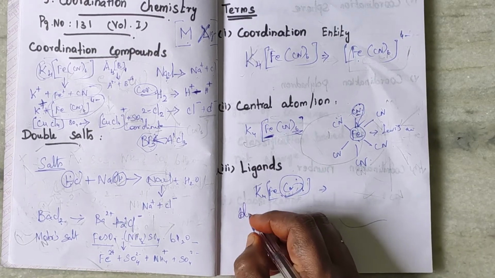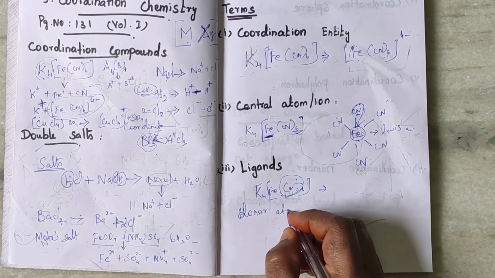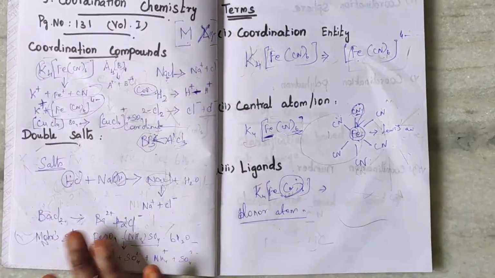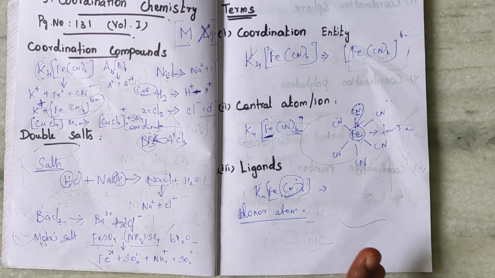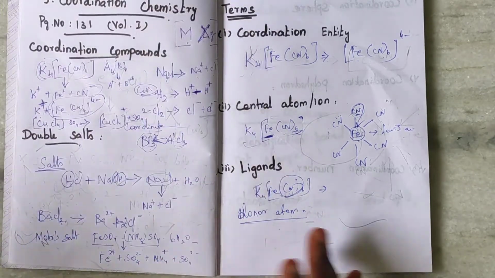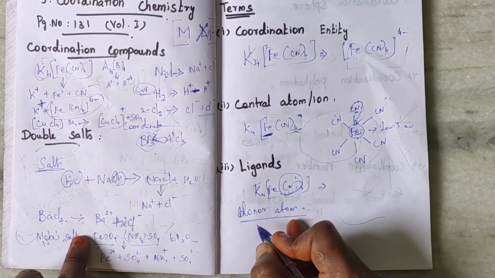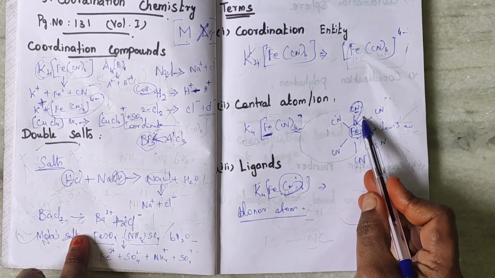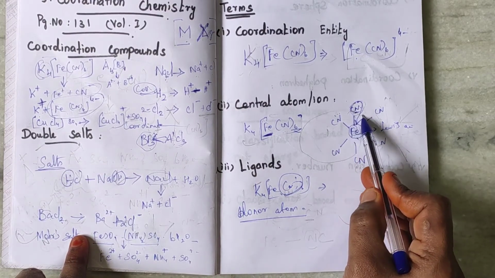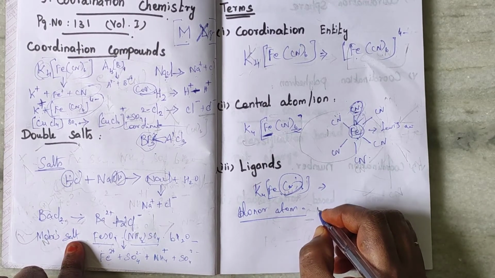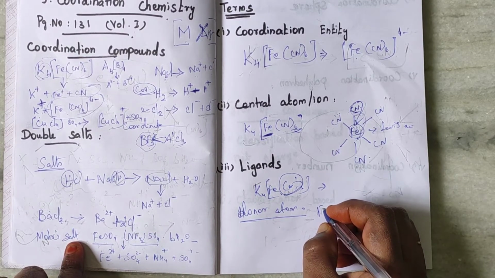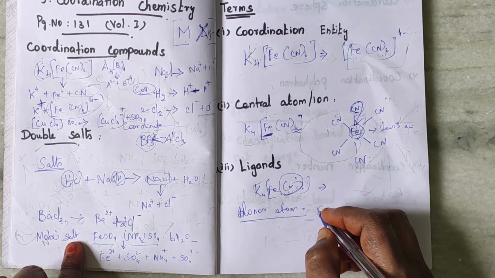What is a donor atom? Donor means donating the electron pair to the central metal atom. Which one donates the electron? The ligands donate the electron to the central metal atom. So the atom in a ligand that is bound directly to the metal is the donor atom.